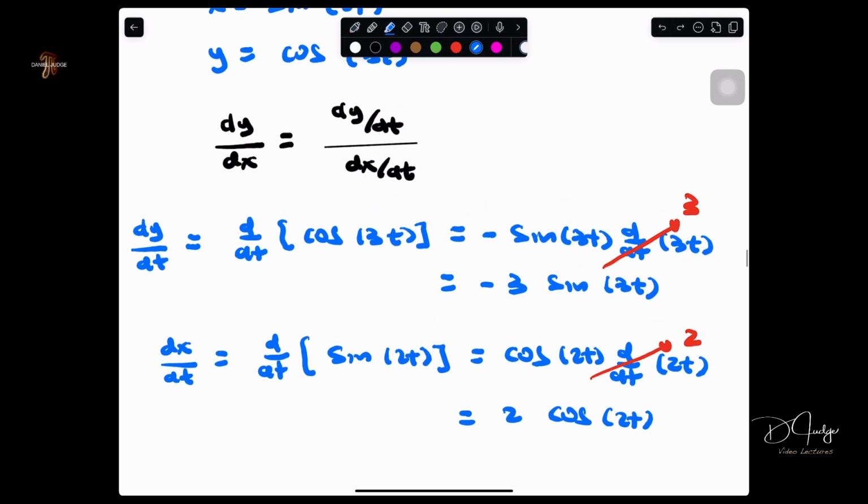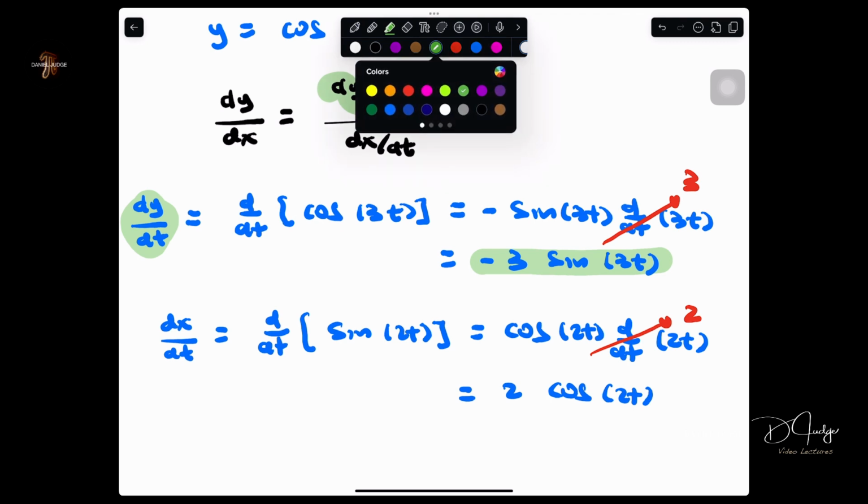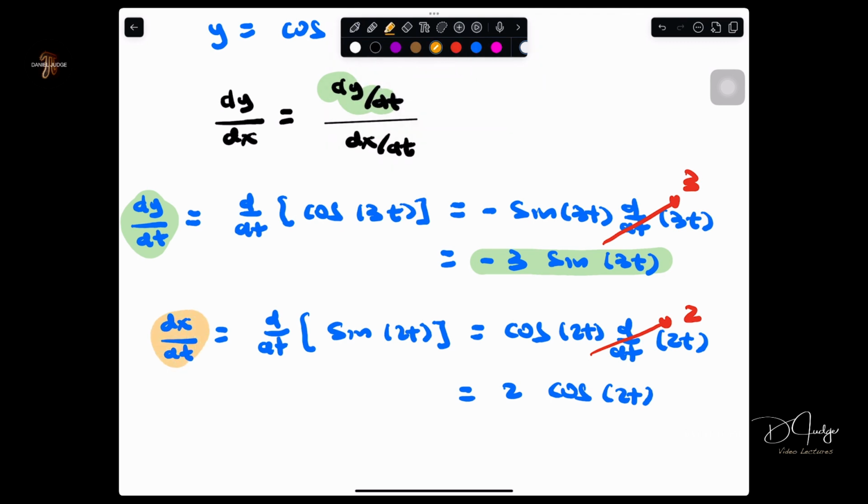So if we look at it this way, dy/dt is the numerator, dx/dt is the denominator for our derivative.